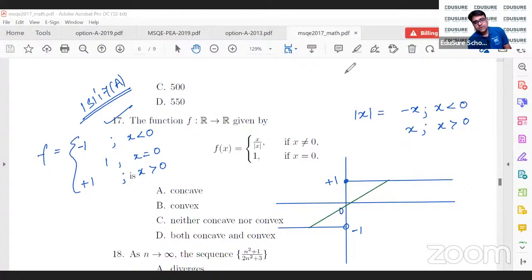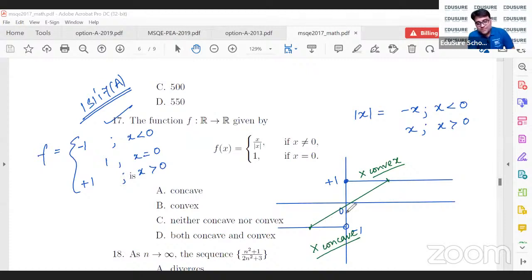Now join any two points. If I join any two points by a straight line for this curve, here the straight line is above the curve, therefore it is not concave here, and here it is not convex because the curve is above the line. Curve above the line means concave, line above the curve means convex.